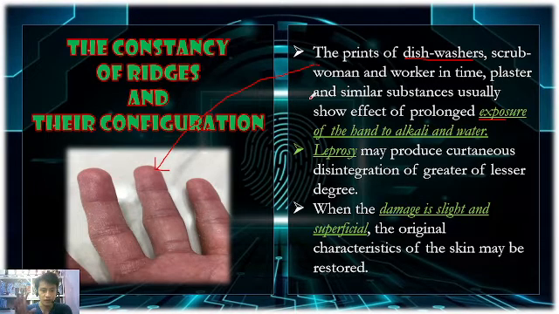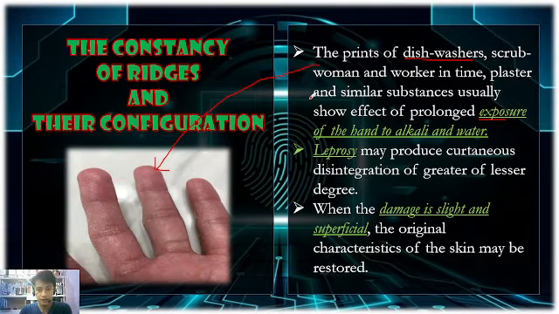So like dishwashers, also like carpenters, especially if they don't wear gloves. Aside from carpenters, there are also those exposed to radiation, those working in laboratories or hospitals that are exposed to radiation or X-rays.